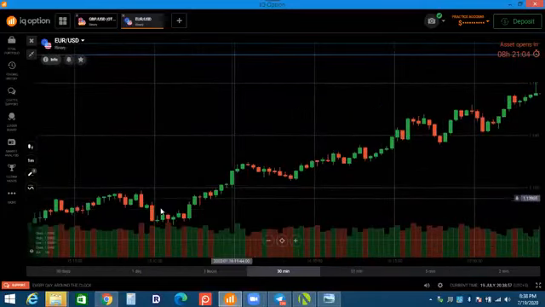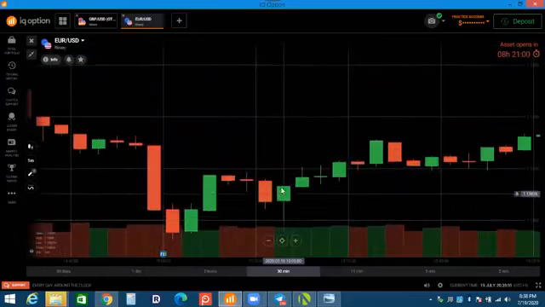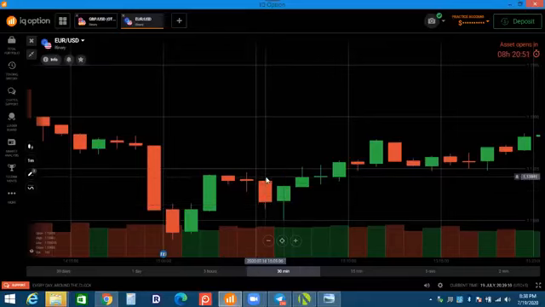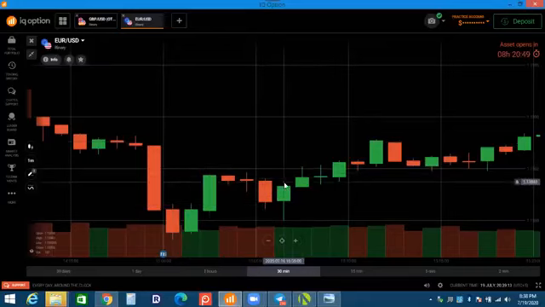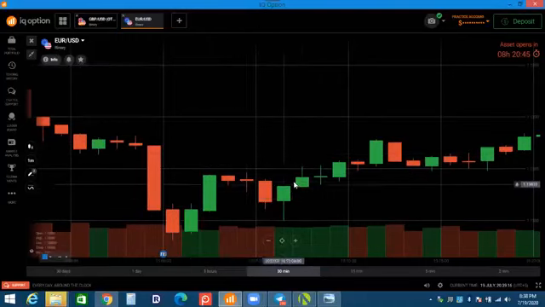I'm looking for the hammers and inverted hammers. So this one, hammer. Do you see the wick is 1.5 times longer? More than 1.5 or 2 times, you can consider. So if there is a resistance level and the next candlestick is green, it will overlap.